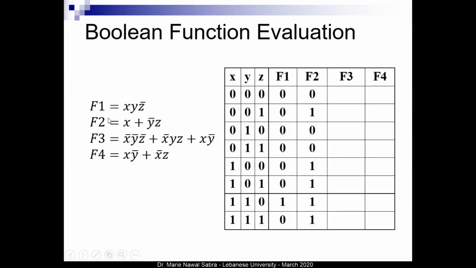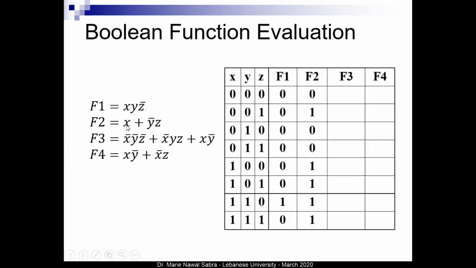Because I only have one term and the term contains all the variables, you can see in the truth table that I only have one term which gives the function equal to 1, and every other combination gives the function equal to 0. This is what we later on are going to call a minterm.